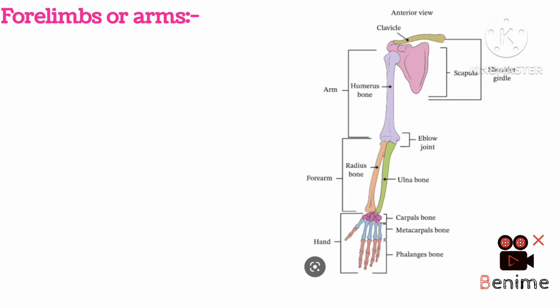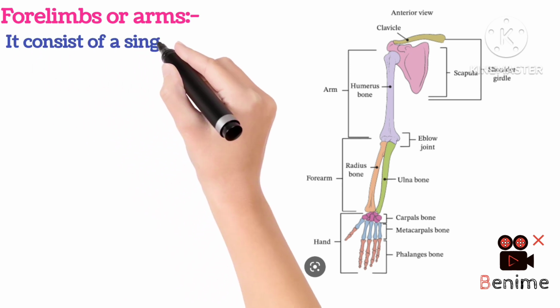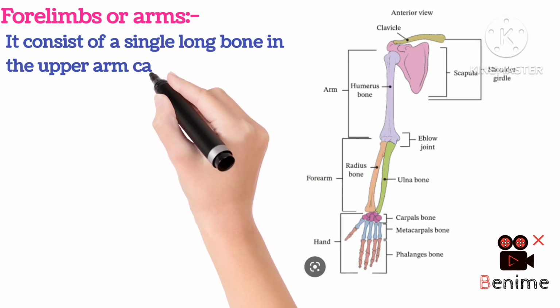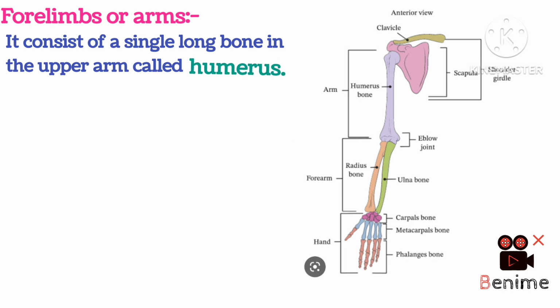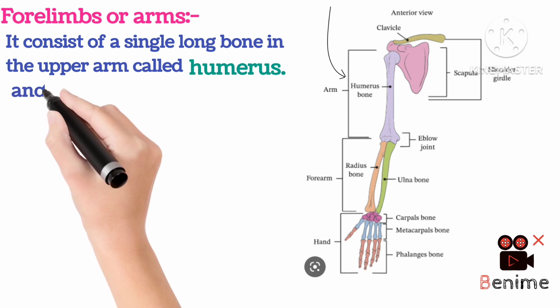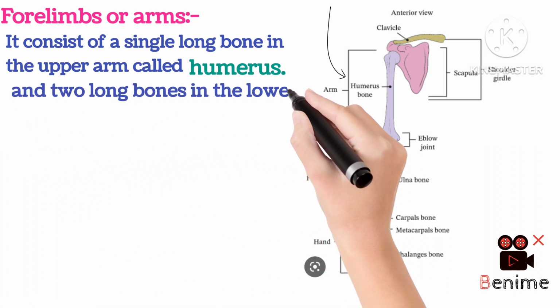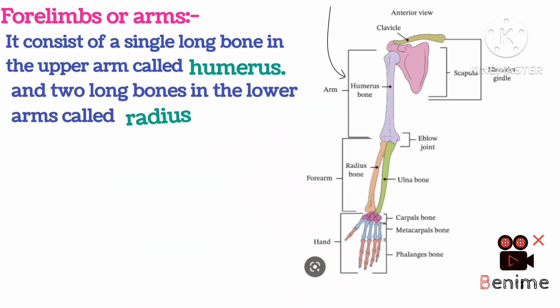Forelimbs or arms. It consists of a single long bone in the upper arm called humerus and 2 long bones in the lower arm called radius and ulna.